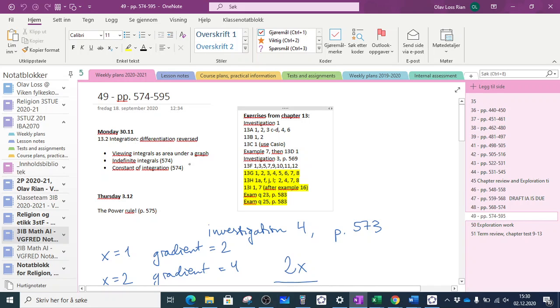So the result here is going to be, okay, 1 divided by 6.